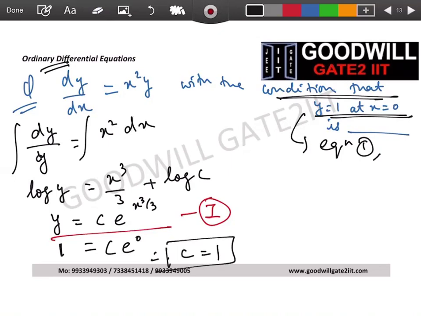Replacing c equal to 1 back in your equation number 1, you'll get y equal to e to the power x cubed by 3. So this is your solution. I hope this concept is clear.